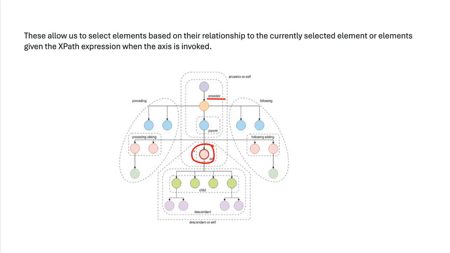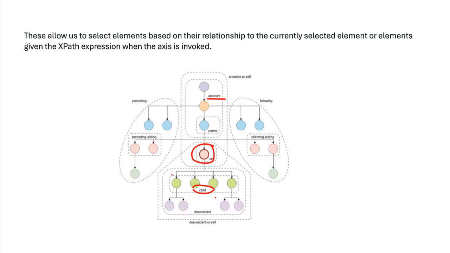For this particular self node, there are four different children. These four are the child nodes for this self. And if you want to identify the child's children, then it will become descendant.